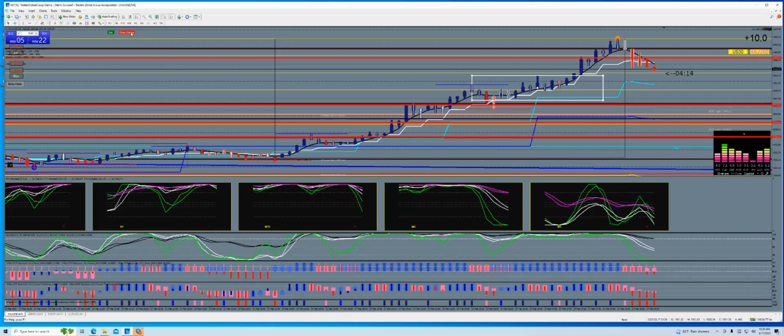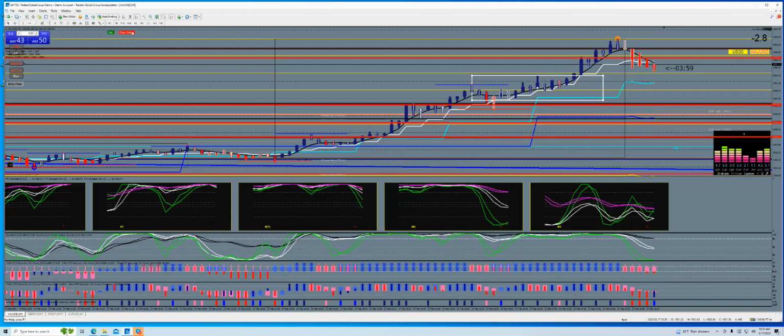Push. You want to extend it. Give us a nice push down. Profit taking going on. Come on, man. Should have got it. But there's still hope. They like to swing the market a lot.